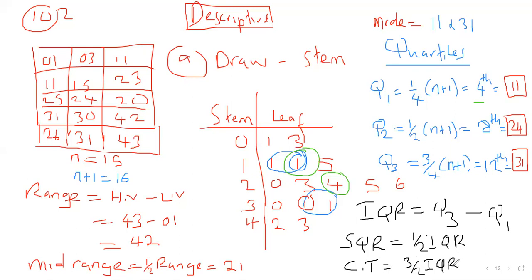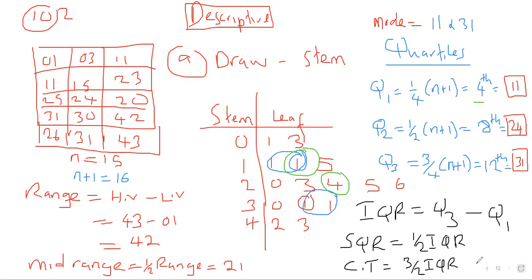This is called the correction term. So with this being given, how do we find the interquartile range? We use the 1.5, the same, 1.5 or 3/2.